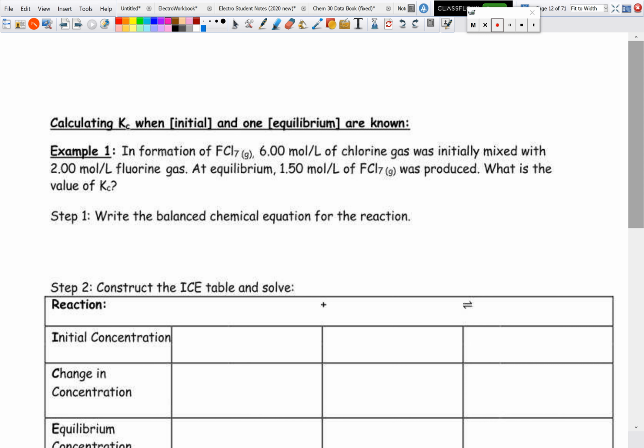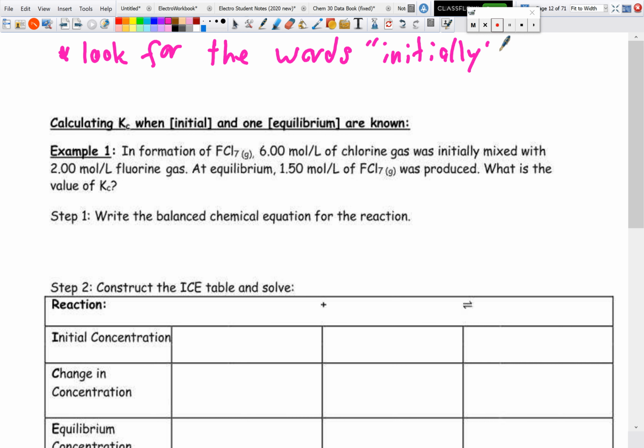Now, when you're reading these questions, make sure to look for the word initially, because that's going to tell you what initially goes in, and then of course, at equilibrium, because that's going to tell you what you put in for your equilibrium concentrations. And that's just because there's going to be a bunch of different concentrations getting tossed out there, so you don't want to get confused.